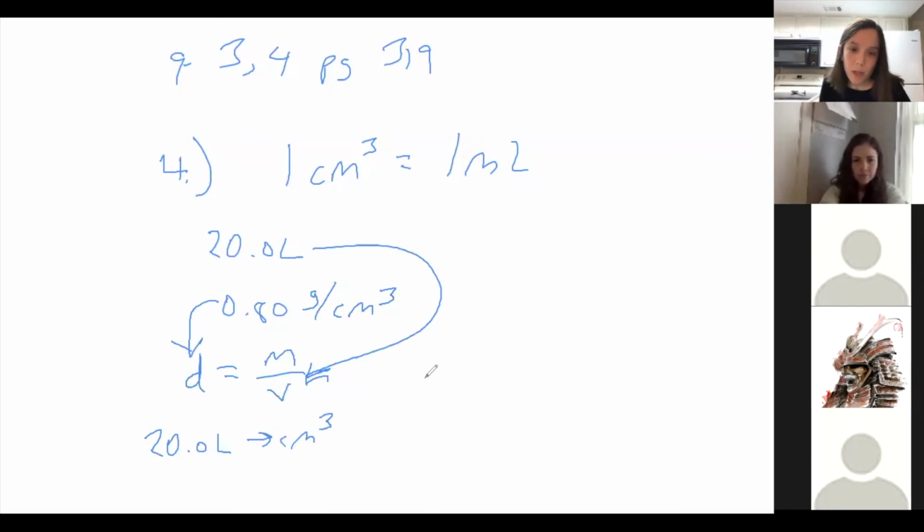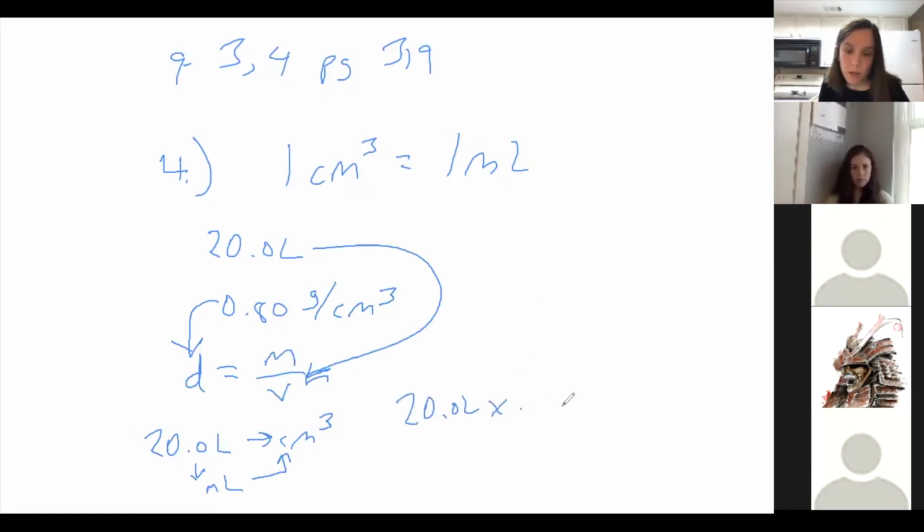We know that 1 milliliter equals 1 cubic centimeter. So go from liters to milliliters and then milliliters to cubic centimeters. So 20 liters times, there's 1,000 milliliters in a liter.